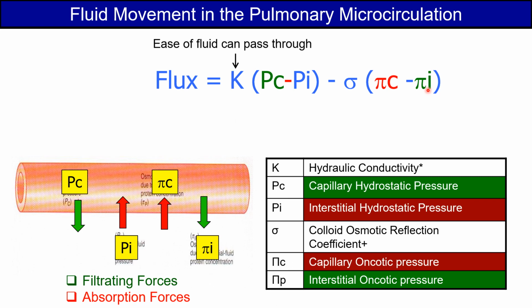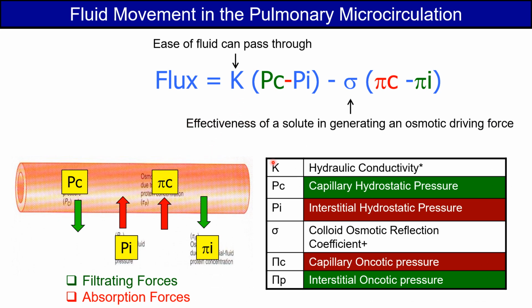K reflects the ease with which fluid can pass through the membrane. Sigma reflects the effectiveness of the solute in generating the osmotic driving forces. Now, if Starling's equation is positive, it means that there's filtration. If it shows negative, it means that there's absorption.